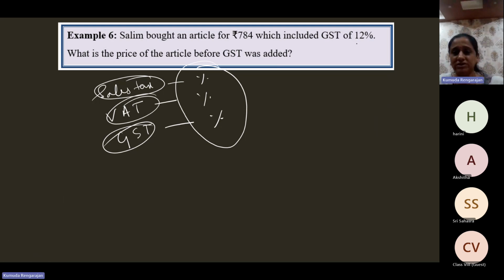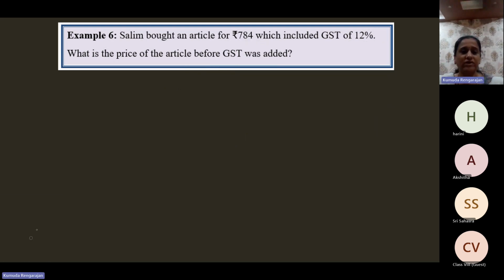Here, what do you have? Here you have the percentage and the price with the GST. You should not apply the percentage on this one, which includes GST. You should apply 12% on the money without GST. That is not given to us. That we have to find.